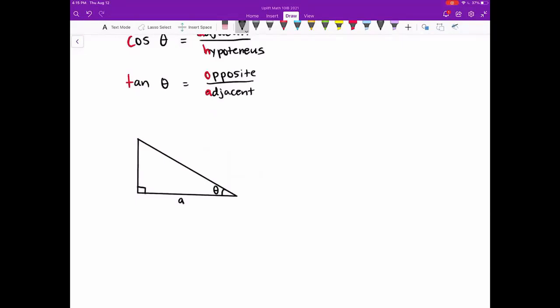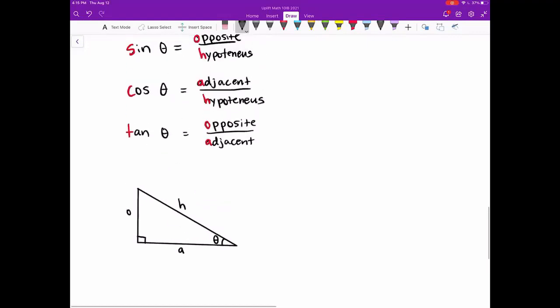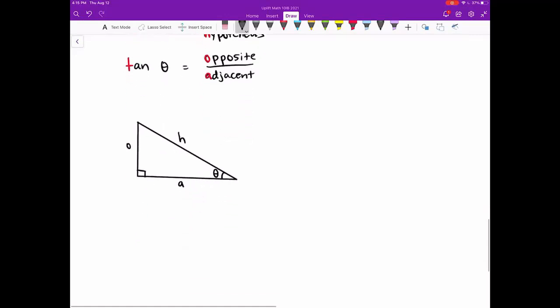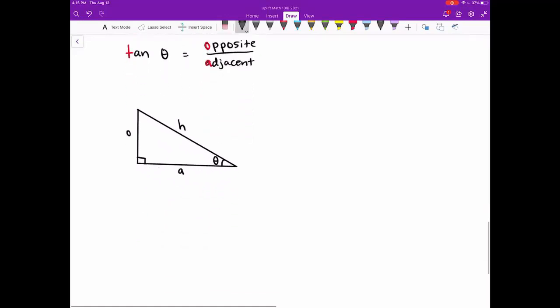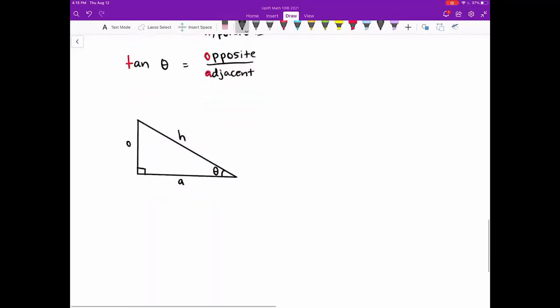And this would be the adjacent side, this would be the opposite side, and this would be the hypotenuse. Should we give them numbers or just variables? We can give numbers, but I thought we were going to do a general one for this. Oh, okay, we can do a general one.